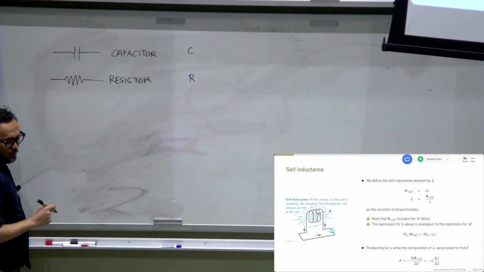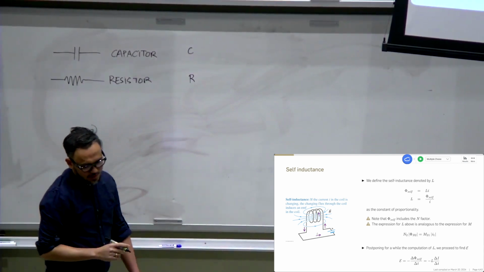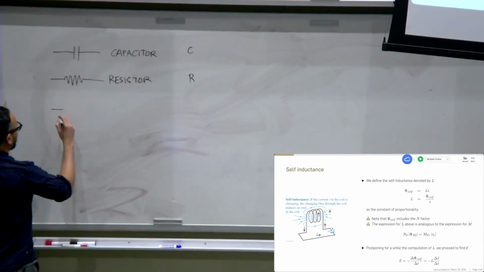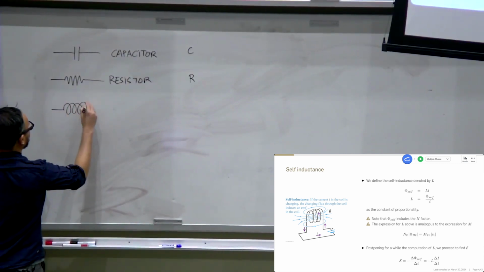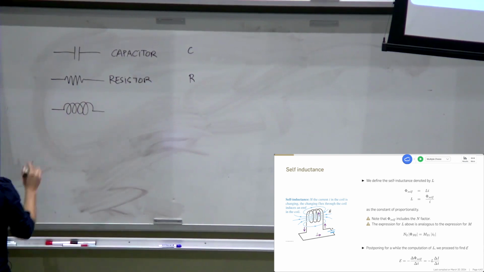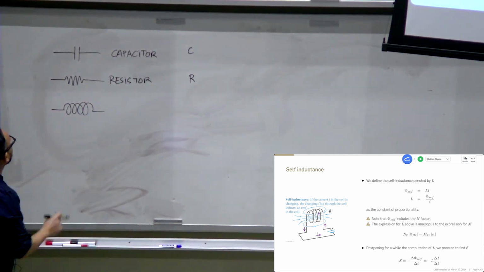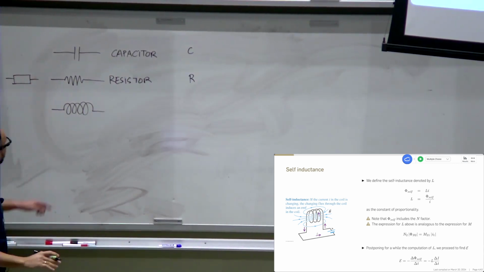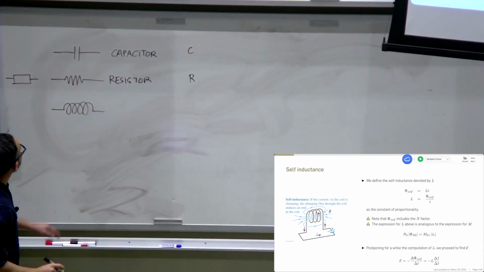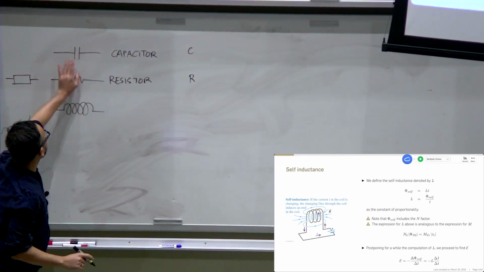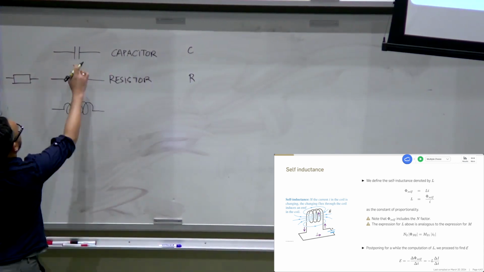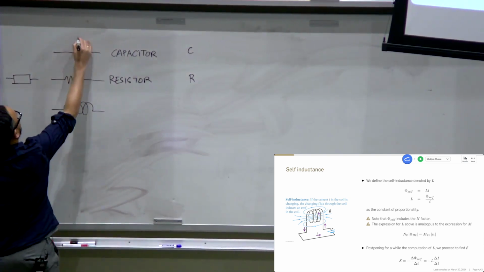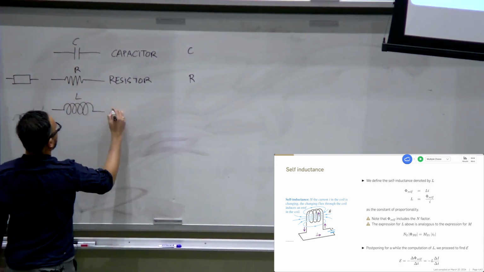Right now, what we want to study is an inductor. There is a different symbol of inductor than this, and for resistor some books draw it differently, but we can just use this symbol for now. And for a capacitor, make sure that the length of the two lines are the same. Okay, so C, R, L.